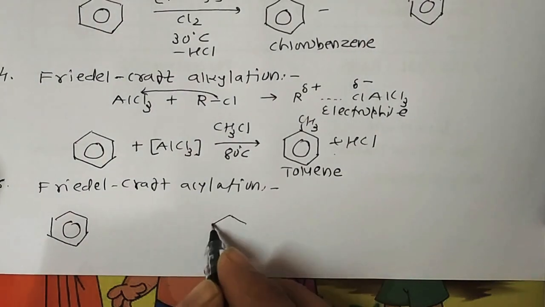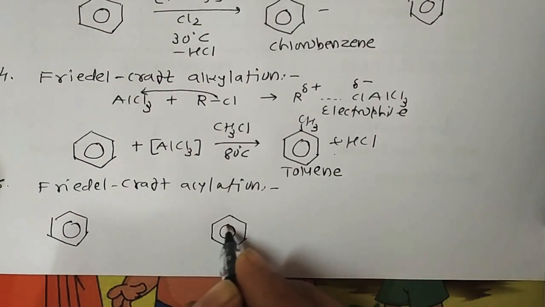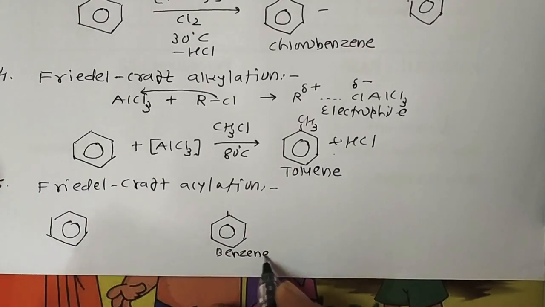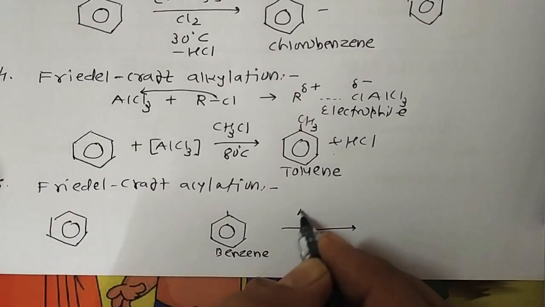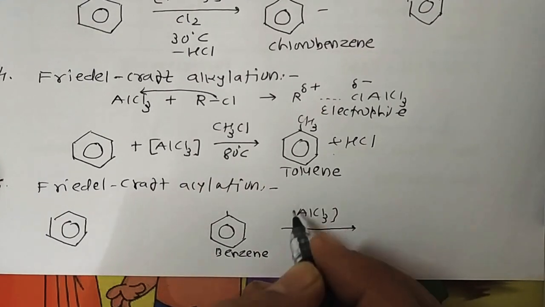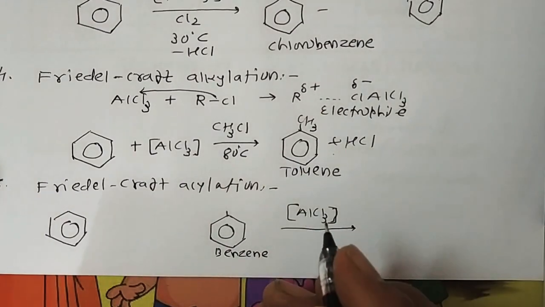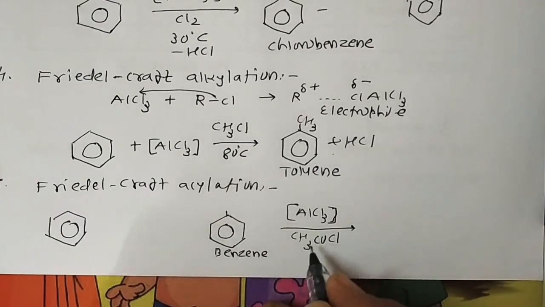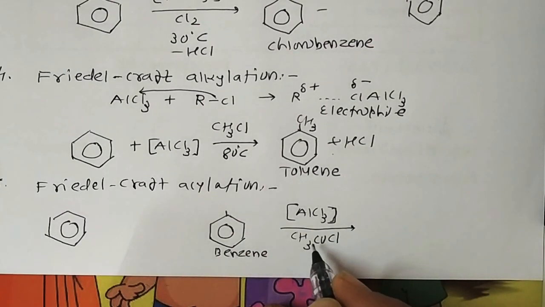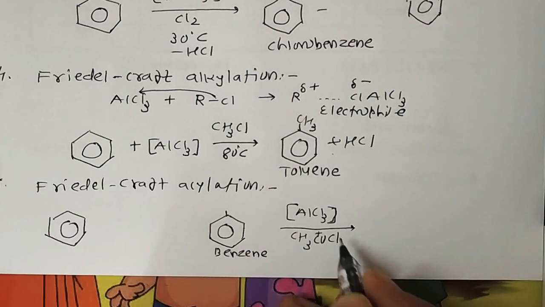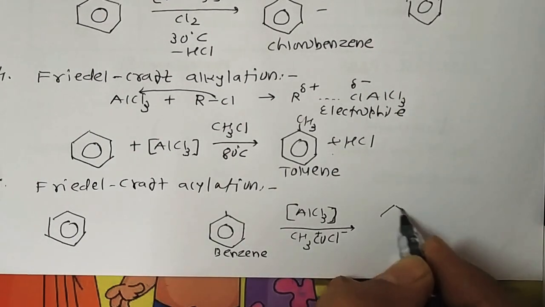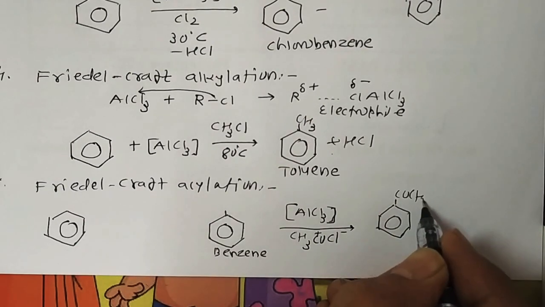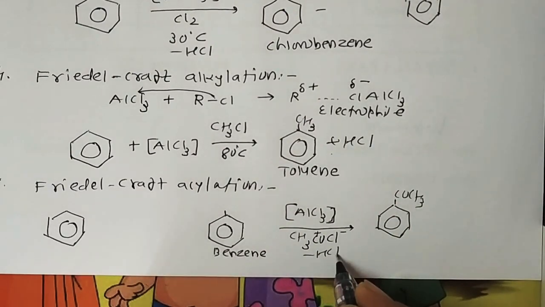So for example, this benzene reacts in the presence of anhydrous AlCl3 with CH3COCl, acetyl chloride or acid chloride, which is our reagent. So CH3CO plus Cl minus, and we get the product COCH3 with removal of hydrochloric acid.